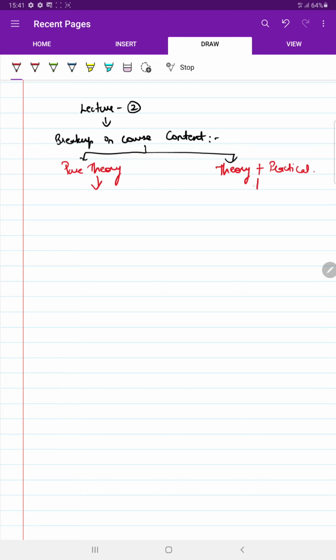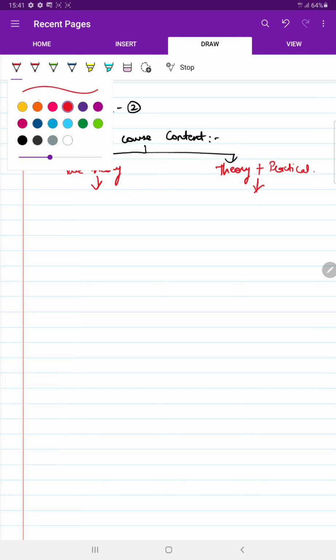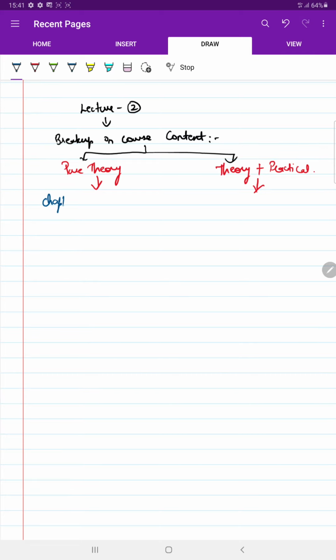So when I talk about pure theory, I will take it chapter wise. Chapter number 1 is pure theory. Chapter number 3 is also pure theory.